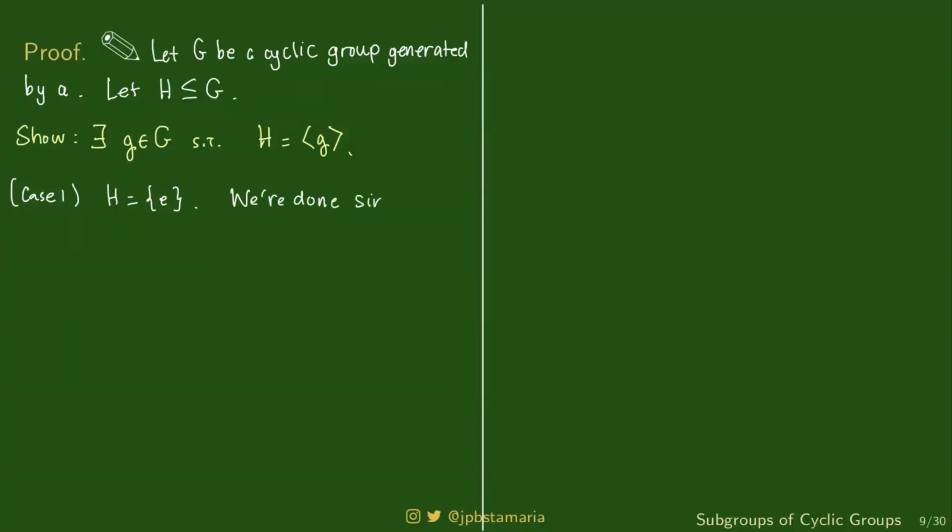Kasi si H ay singleton, siya lang mismo yung gina-generate ng identity. So, take the generator we are looking for to be just E. Naintindihan ninyo? Kapag trivial yung subgroup, automatic cyclic subgroup siya. Ang generator niya ay yung identity. So, there's nothing much about this case.